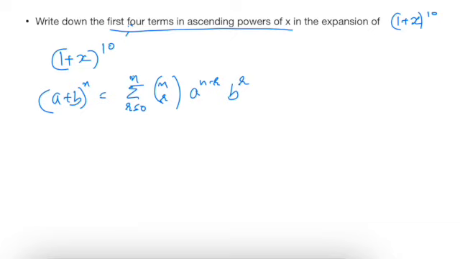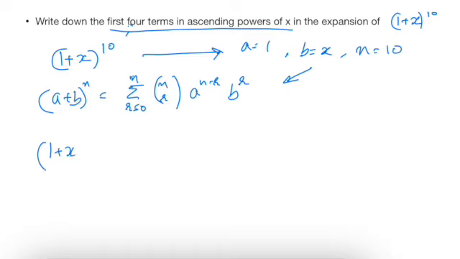So here a is equal to 1, b is equal to x, n is equal to 10. Let's replace this in the formula, and we want only 4 terms.